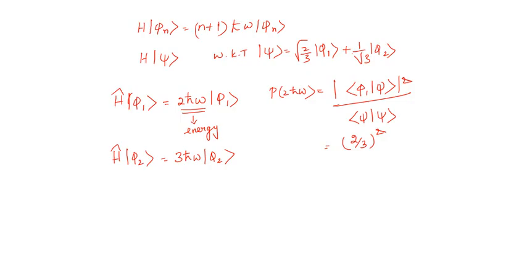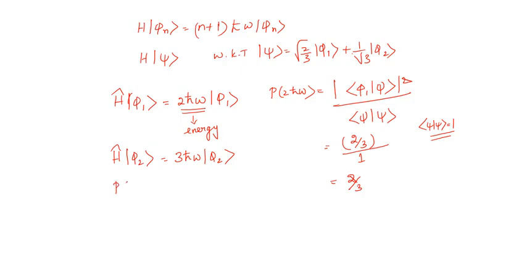It is 2 by 3, because you are squaring the square root of 2 by 3, and psi is normalized. We have normalized the psi wave function, so the bracket notation psi into psi will be 1. So in the denominator you will have only 1. So the probability of getting the energy 2 h cross omega is 2 by 3.